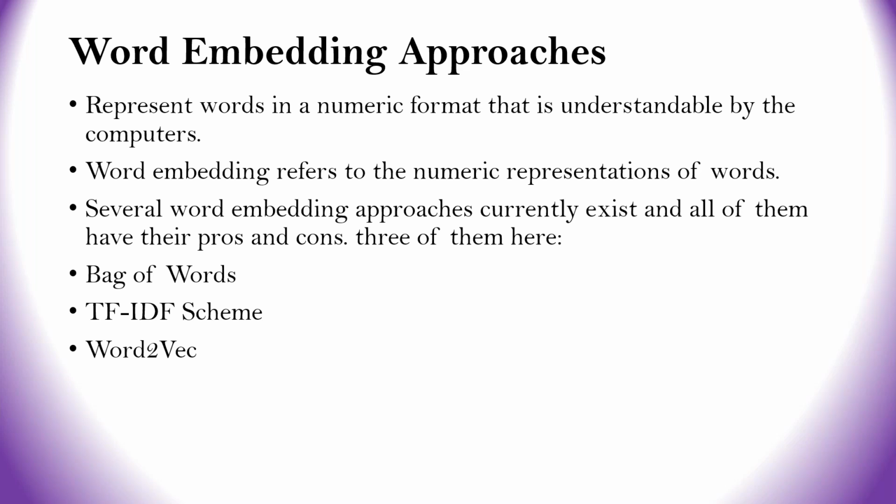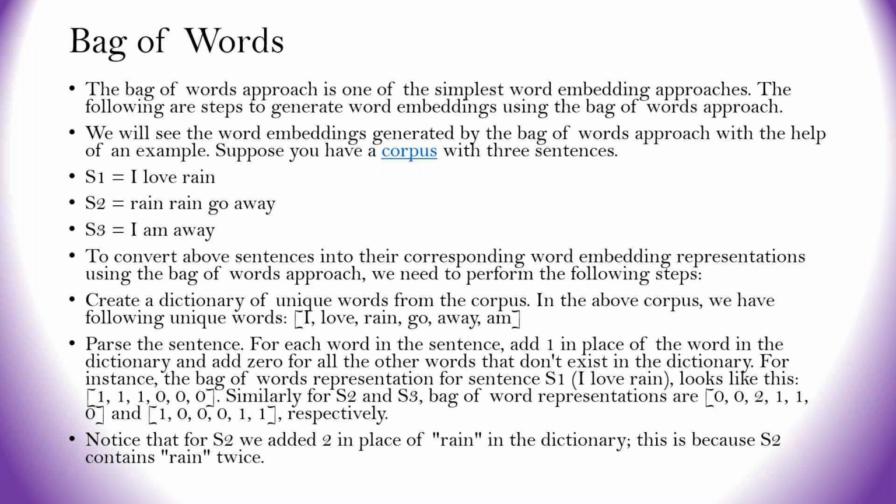Bag of words is where you collect a set of tokens as the final tokens of the given documents, and that becomes the bag of words model. It is one of the simplest word embedding approaches. Here is an example. Similar examples we had already discussed, but not the same. We have a corpus with three sentences like I love rain, rain go away, and I am away.